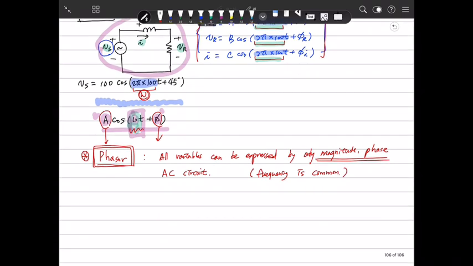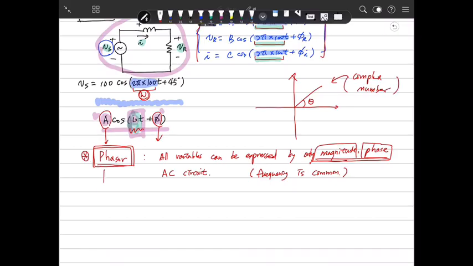When you express some variable, whether voltage or current, whatever it is, it can be expressed by magnitude and phase. Magnitude and phase can be expressed in a two-dimensional plane here. What expresses the magnitude and phase? A complex number.